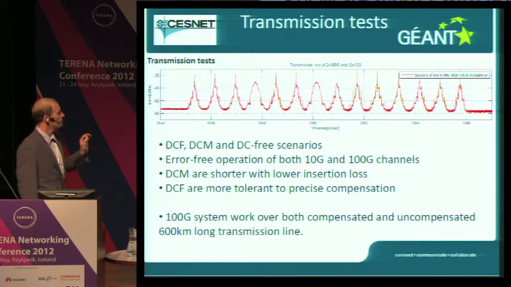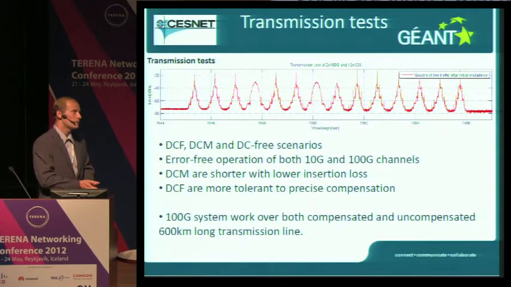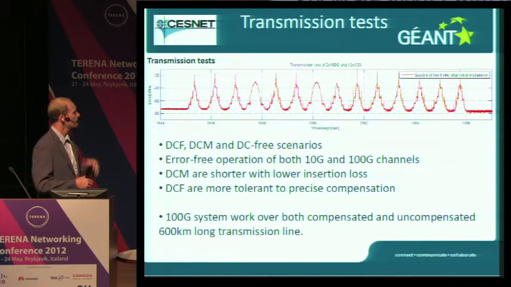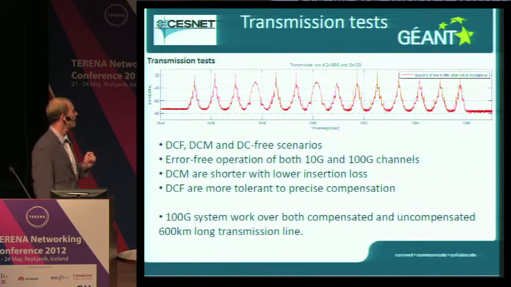With DCFs we didn't have to compensate the dispersion so precisely, and the system worked, let's say, the same as if you compensated precisely with DCM. But the modules with fiber Bragg gratings have the advantage that they are usually tunable, so you can tune them quite precisely and set them up according to your wishes.